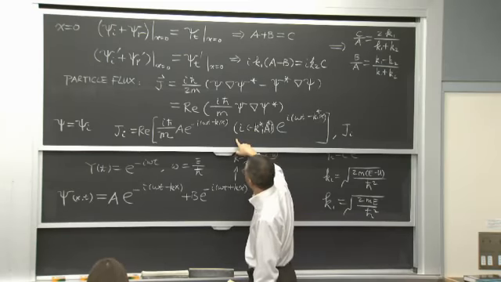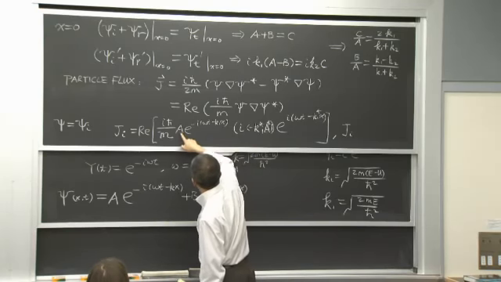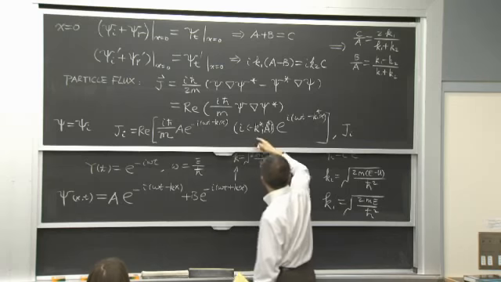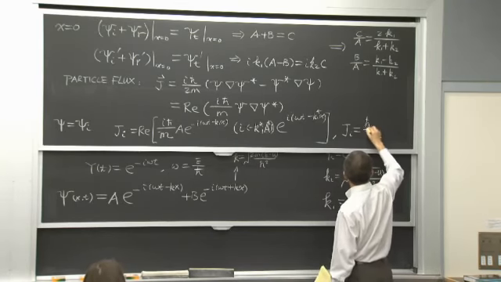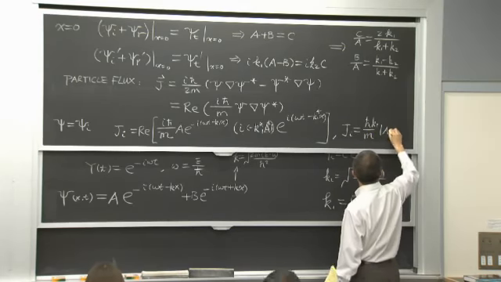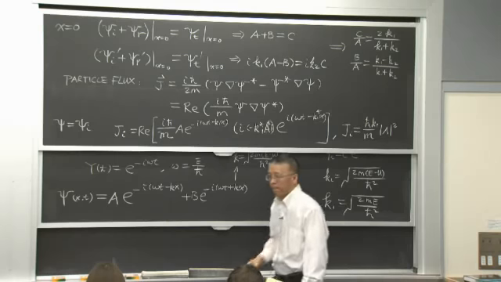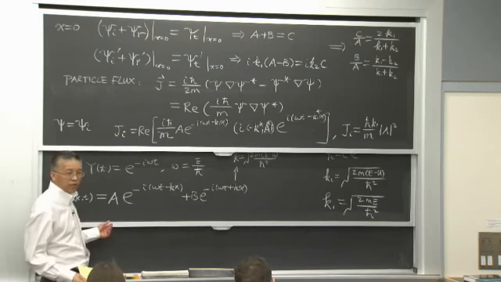So that's a positive. So I really have this i cancel. I have A, m, h, and k1. So J1 equals h, m, and k1, A squared. Okay? So this is my particle flux, incident flux.